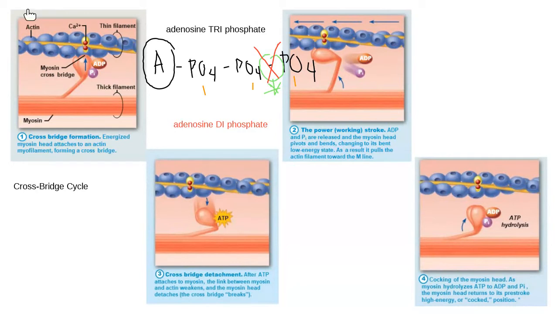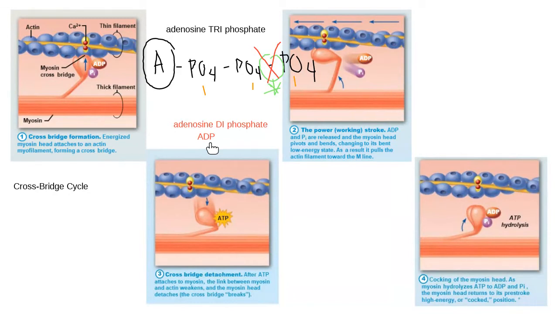Adenosine diphosphate doesn't have this high energy bond out here. So there's not energy in ADP. Put that abbreviation down here. ADP. Here's where all that energy was in ATP. If I chop up that bond, there's no more energy being stored.